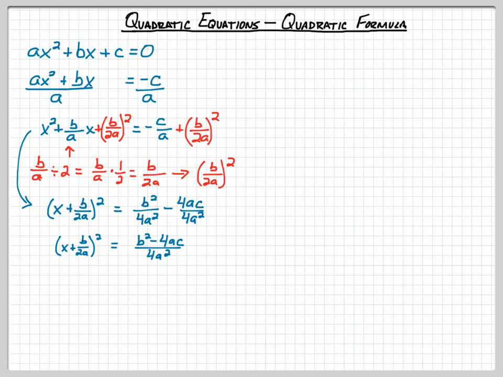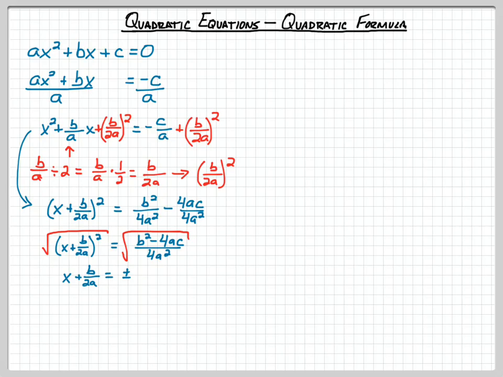To solve for x, we're going to take the square root of both sides. On the left side of the equation, we get x plus b over 2a. On the right side, we're going to get a plus or minus, because remember, anytime you take the square root of an unknown value, you have to consider both the positive and the negative values of that.